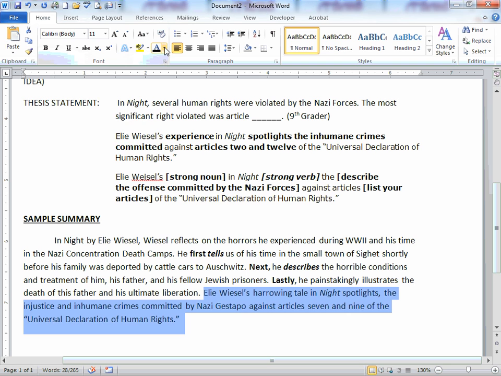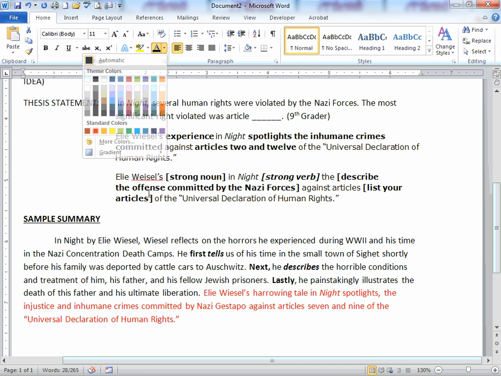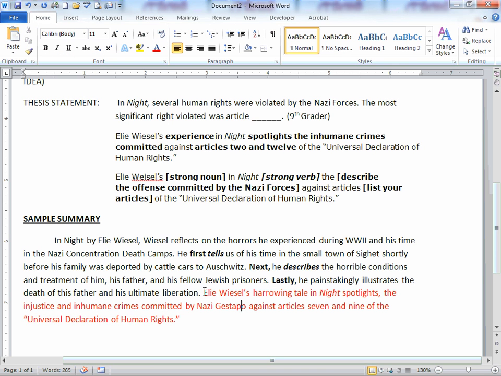All right, so I have my objective summary, and then I have my thesis statement. I'm going to put my thesis statement in red. So let's go back over to thesis. Elie Wiesel's strong noun, harrowing tale. That's my strong noun. In Night spotlights. That's my strong verb. The injustice and inhumane crimes committed by Nazi Gestapo.